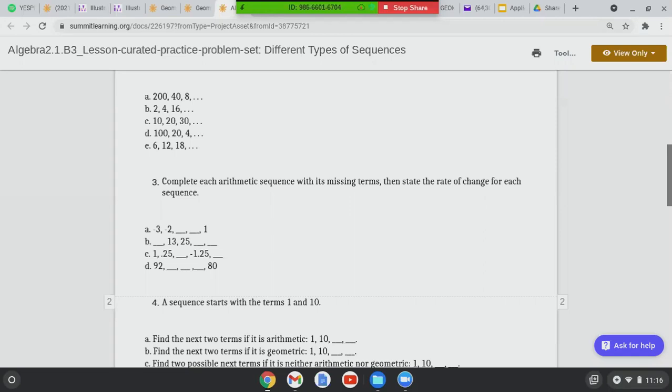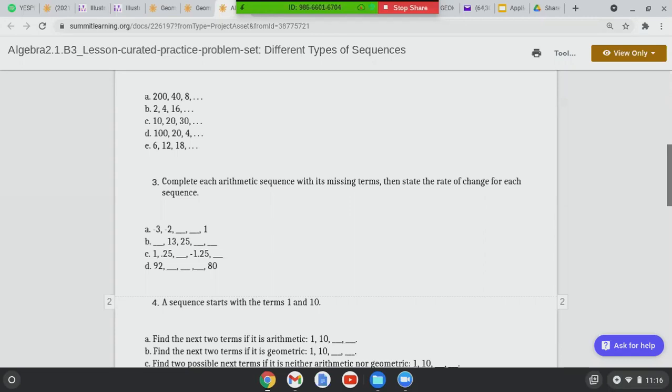Okay, so now for B, they didn't tell us the first term, but they did tell us the second and the third term. We don't know what we started with, but we know we had 13. Then something happened, and we're sitting on 25. What happened?